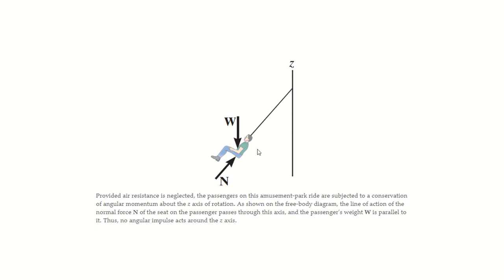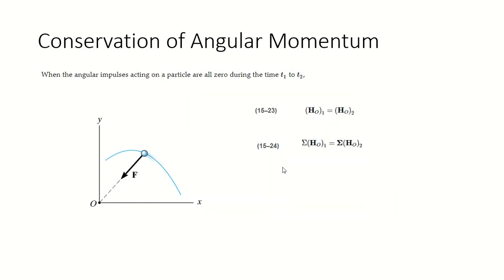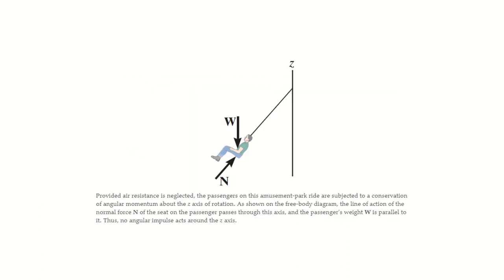So why do we have the conservation of momentum when we ignore the air resistance? Because you have a normal force acting and you have your weight, parallel to that, and there's no impulse. Since there's no impulse, we've got this, and that is called the conservation of angular momentum.